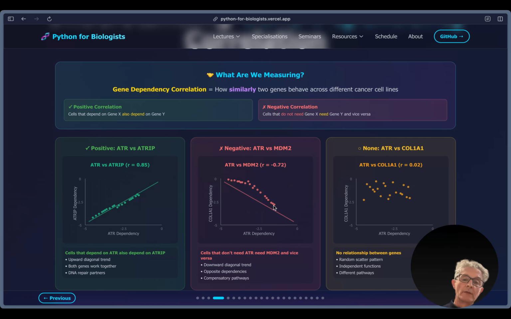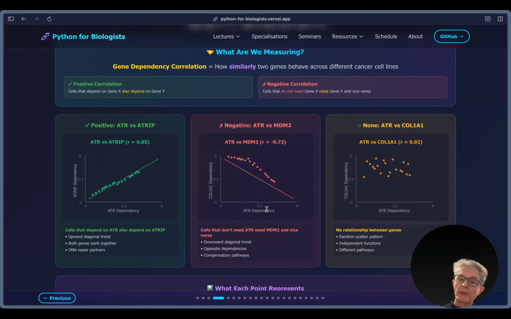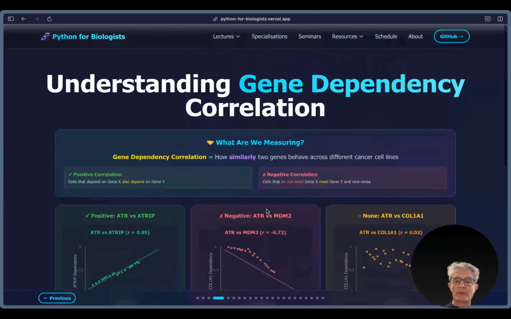Whereas genes that are more dependent on MDM2 are less dependent on ATR. So there's an inverse trend here. Most genes will fall into this pattern where you have no correlation and just a random pattern. So we need to find statistical tests that tell us how linear this correlation is, how much correlation we have, and then find the top hits and then do a lot of statistical analysis to verify and validate these things. This will be the first thing we do.